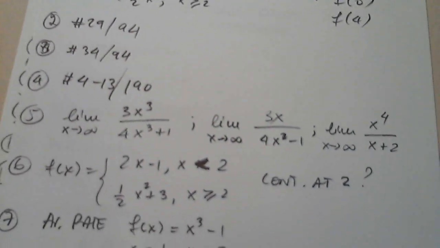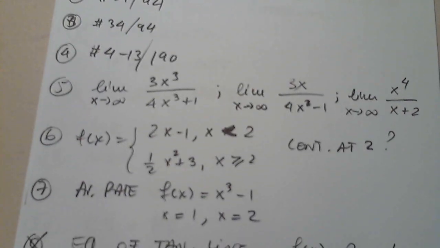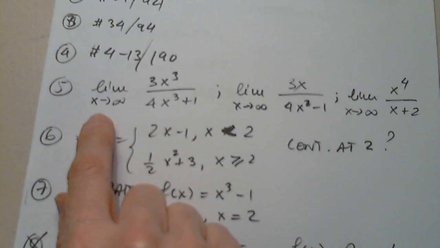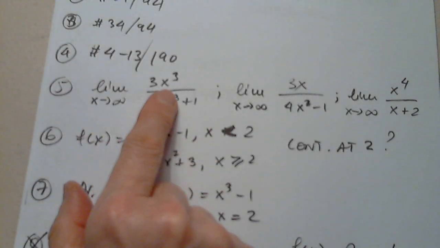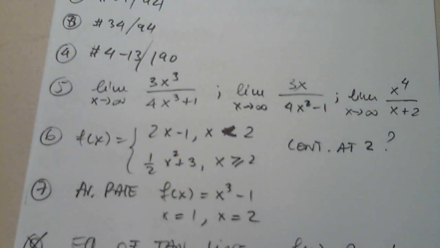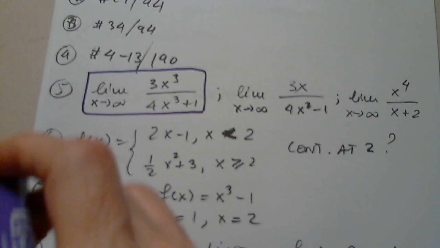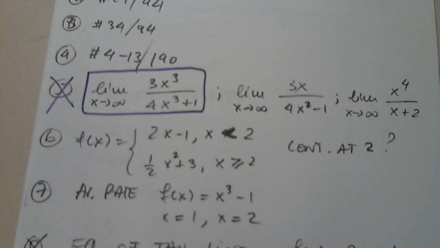Now, when it comes to these limits, we discussed this, and I'd like to just put the answers here so we can cross this out as well. The limit as x approaches infinity of 3x to the third over 4x to the third plus 1. What does this equal to? 1.